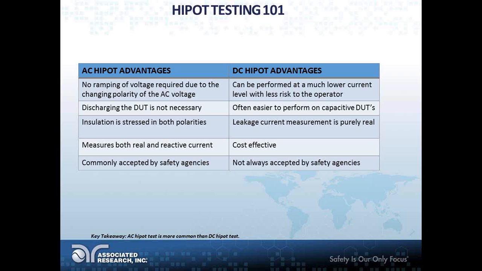A DC Hipot test is much easier to perform on devices that are highly capacitive. The leakage current measurement is purely real. So the DC element basically ignores the reactive.